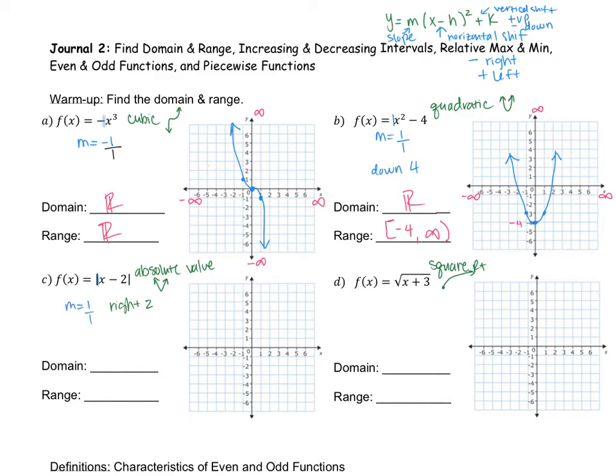So if we're going right 2, instead of starting at the origin, we have to go right 2, which is this way. Plot. We're going to use our slope, so we're going to go up 1 over 1. And then we have one side of the V. To get the other side of the V, you reflect. So instead of going to the right, you're going to go up 1 over to the left. Plot. And there you have your absolute value function.